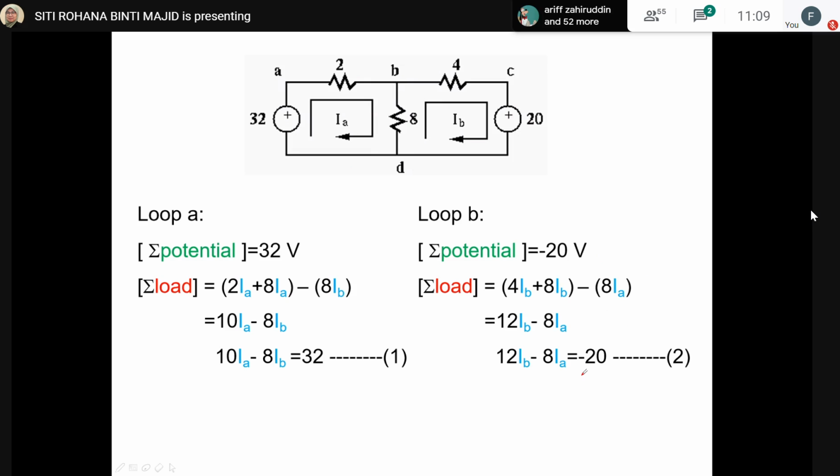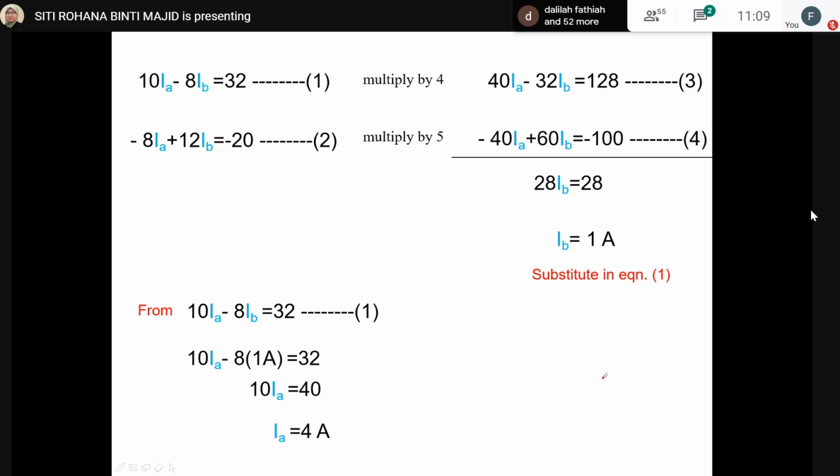Finally, you will have 2IB minus 8IA equals minus 20. Before you perform the simultaneous equation, you have to multiply the first equation by 4 and the second equation by 5. Okay, I think this one is a basic thing.